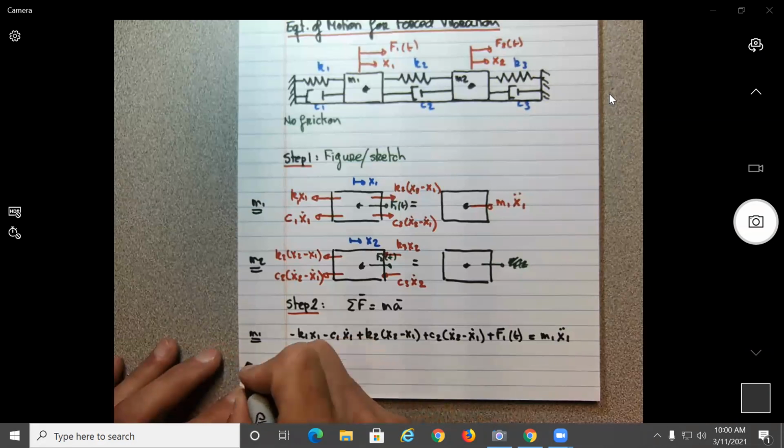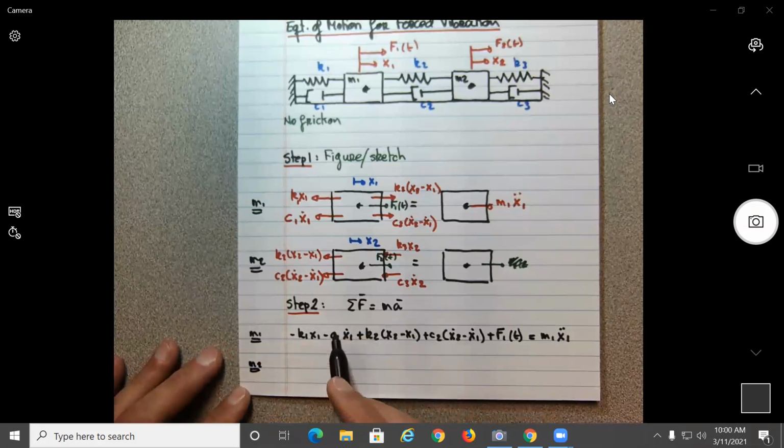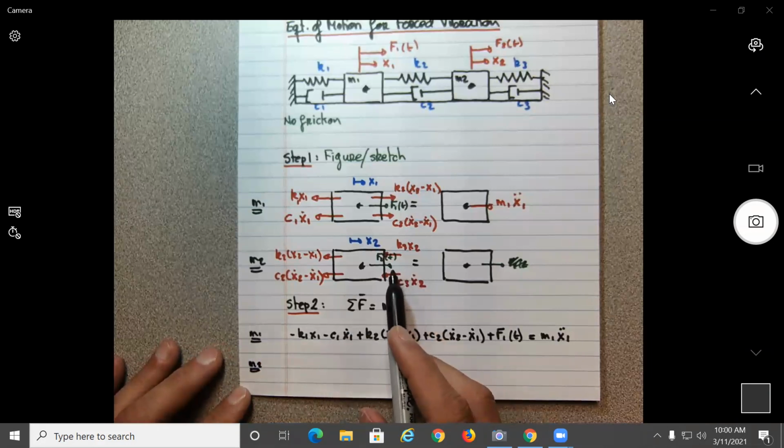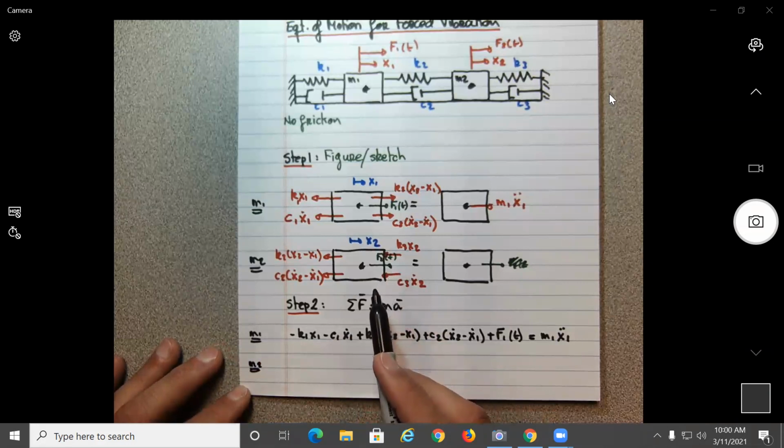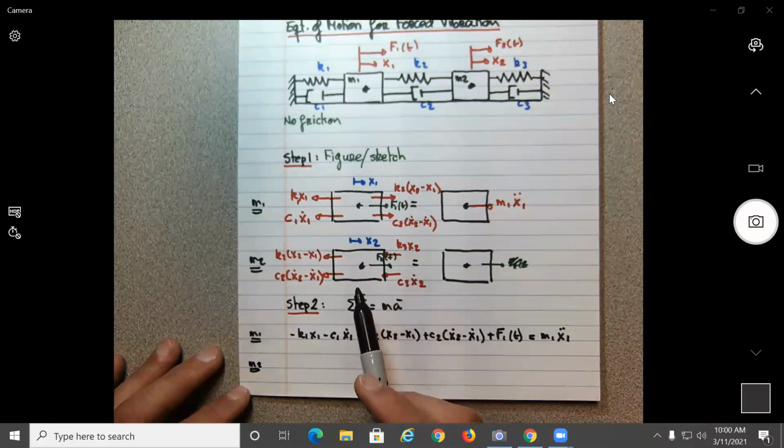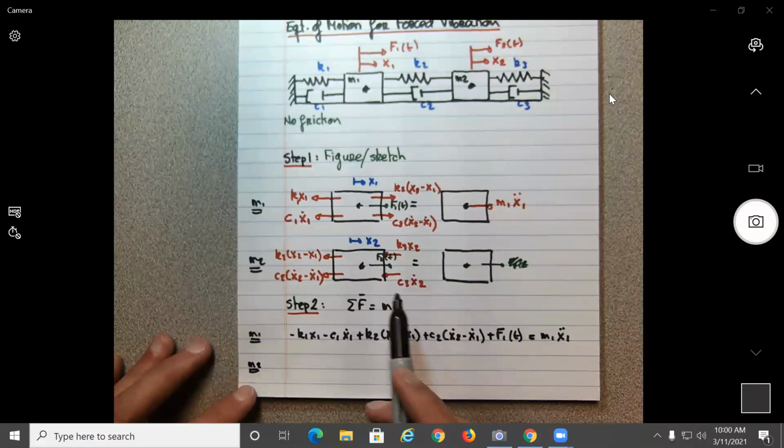Okay, and for block M2, what will you have? If we follow this one, we'll have minus values everywhere. So let's look at this free body diagram.